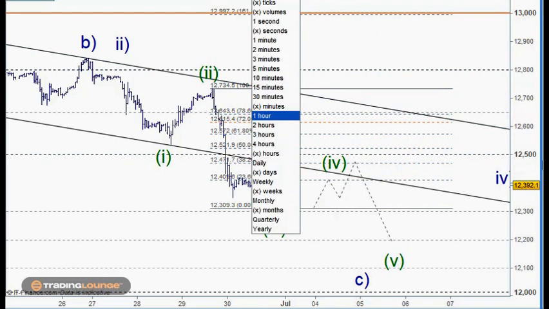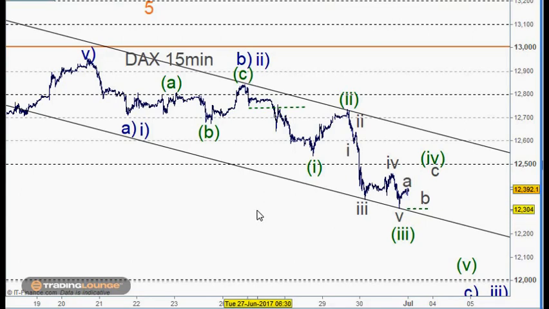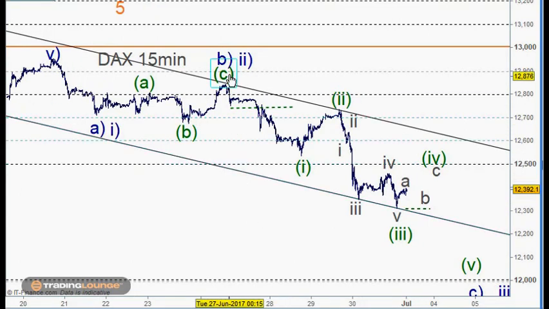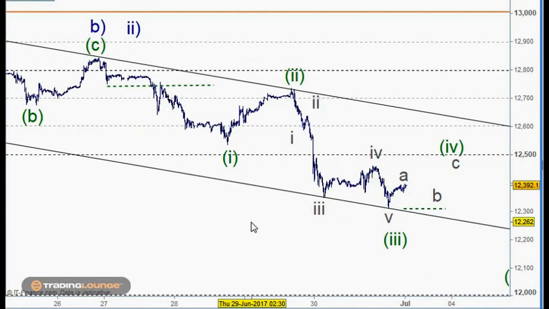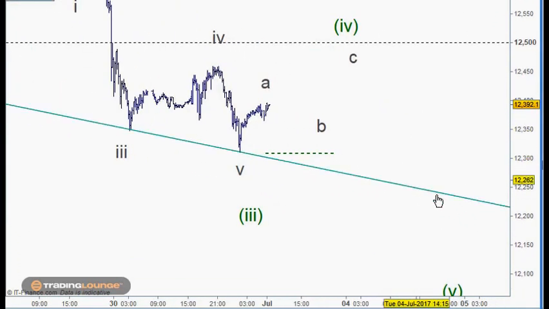Maybe I've done some work on the 15-minute chart before we go to the tick chart. From this top, wave 1, wave 2, and down for wave 3, now we're looking for wave 4. Let's open this up a little bit.